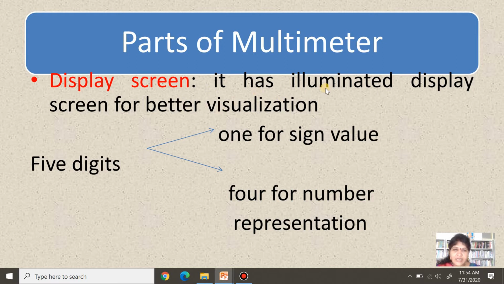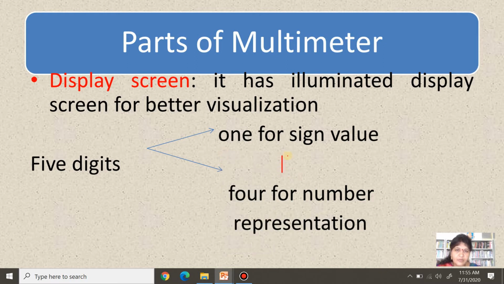It also gives us five digit numbers on the screen. Of these five digits, the first is for the sign. That means it explains whether it is a positive or a negative value, and the remaining four digits are used for the representation of the value.